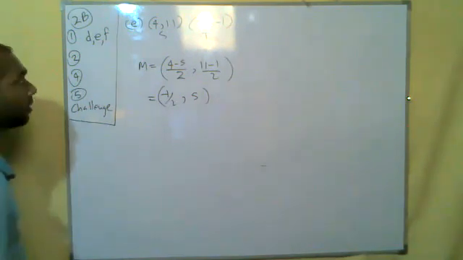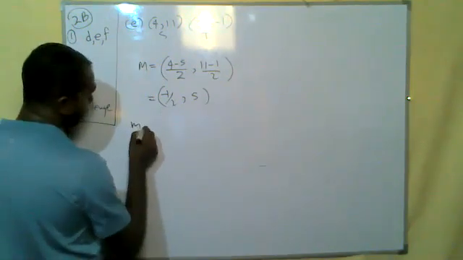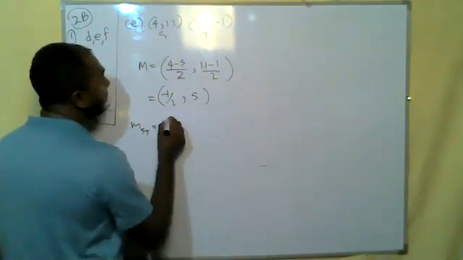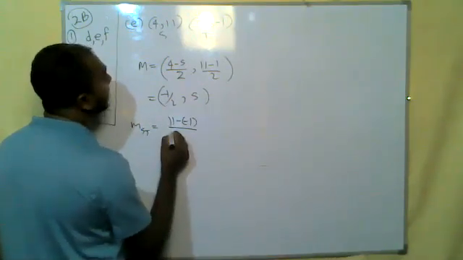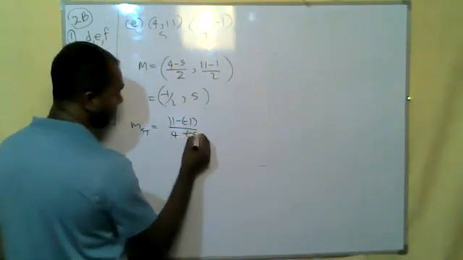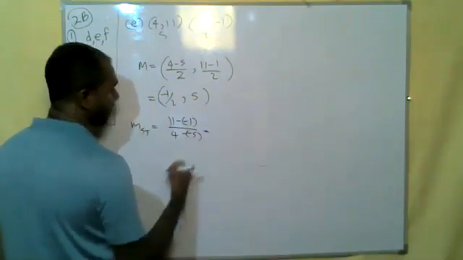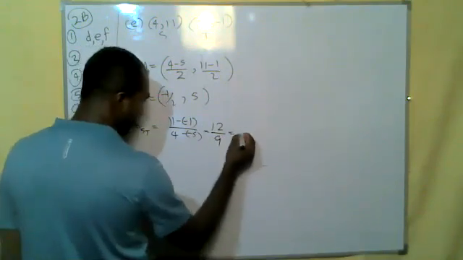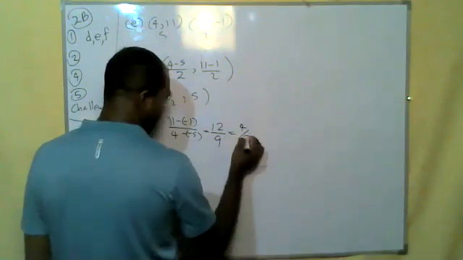And how to get the gradient of ST? M_ST equals how much? 11 minus minus 1 divided by 4 minus minus 5. We have 12 divided by 9, which is equal to 4 over 3.